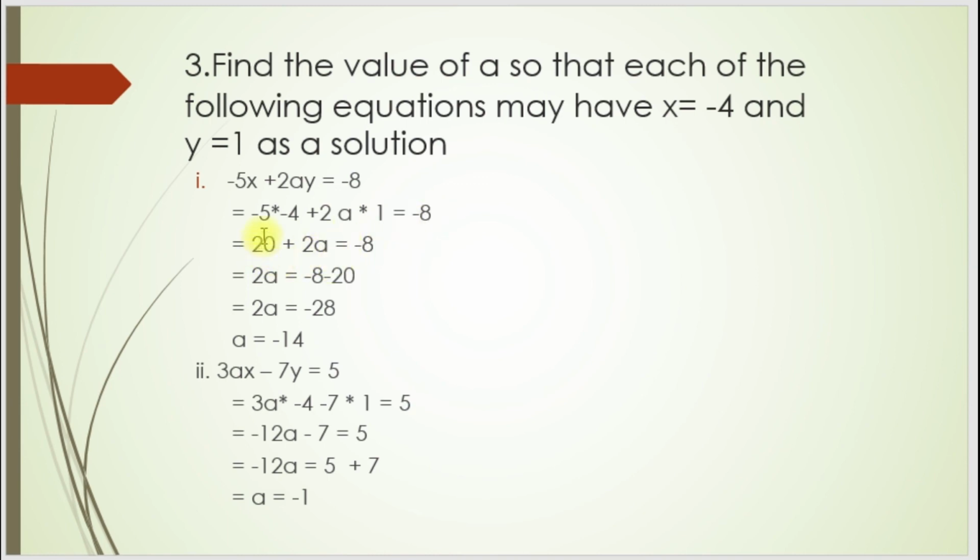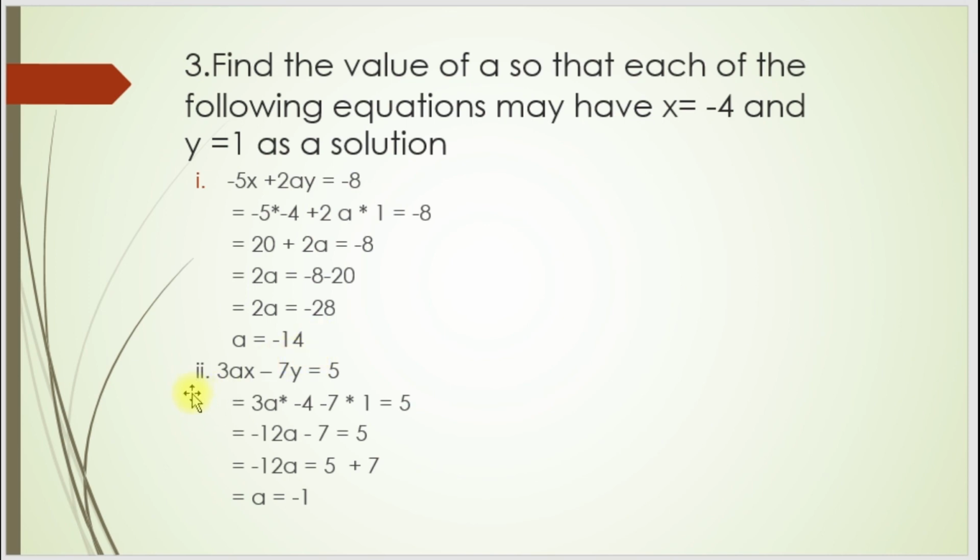Then bringing this 20 to the other side, minus 8 minus 20, that is minus 28. 2a is equal to minus 28. So, a is equal to minus 28 by 2, which is equal to minus 14. So your value of a for the first equation is minus 14.